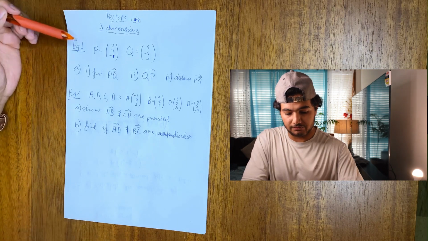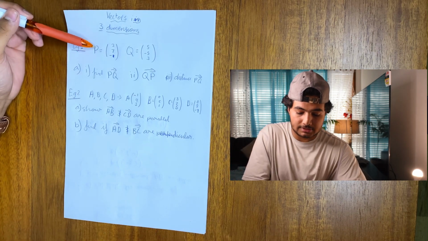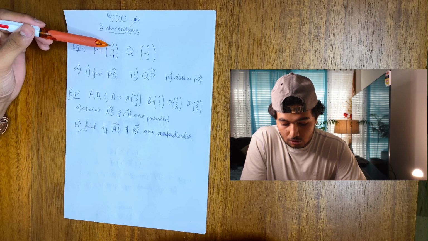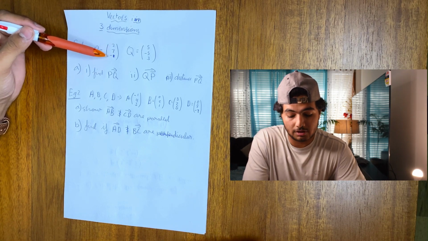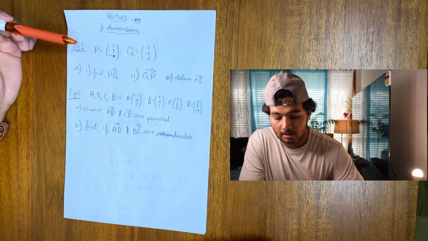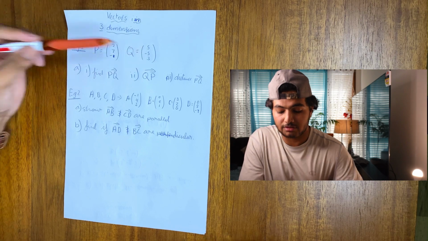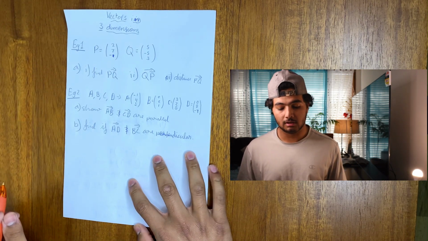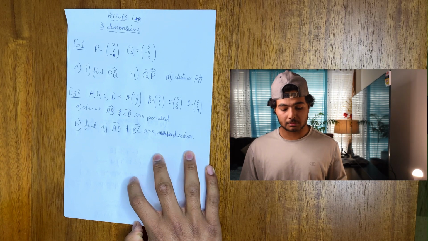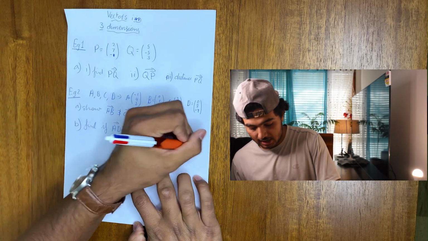It says, we're given P and Q, so P is equal to 2, 7, -1. So the third dimension is -1. And then Q is 5, -5, and 3. So another way of writing this is the shorter method.